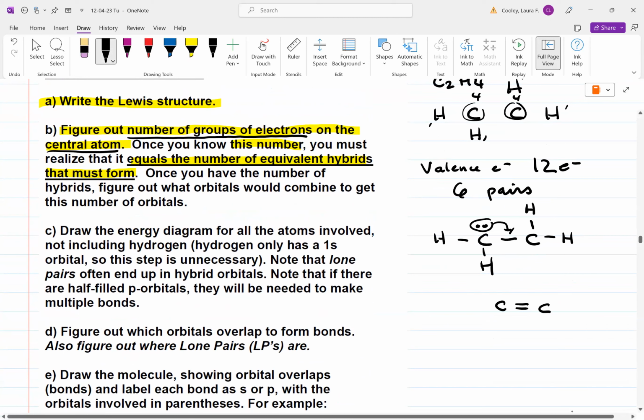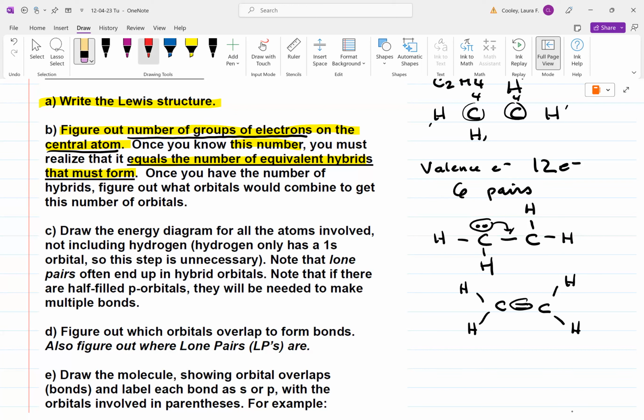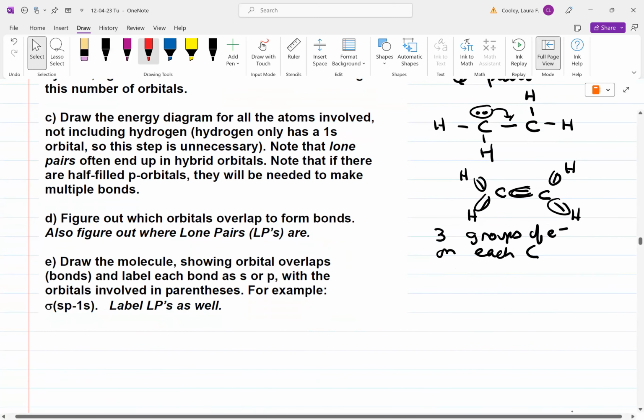And now we can see that we have 3 groups of electrons on each of these carbons. 1, 2, 3. So what is the geometry at each carbon then?